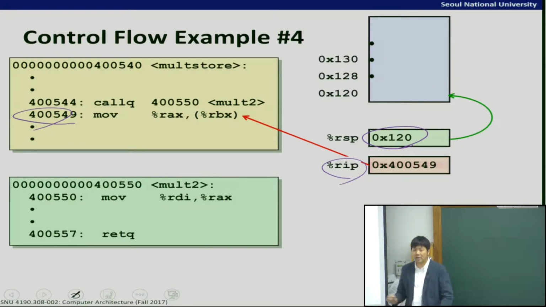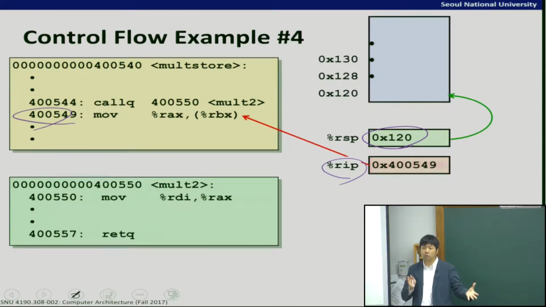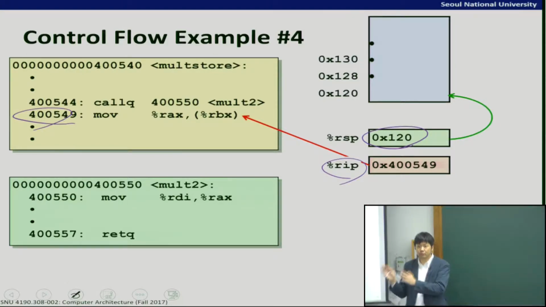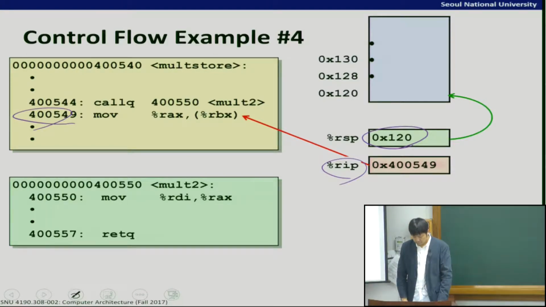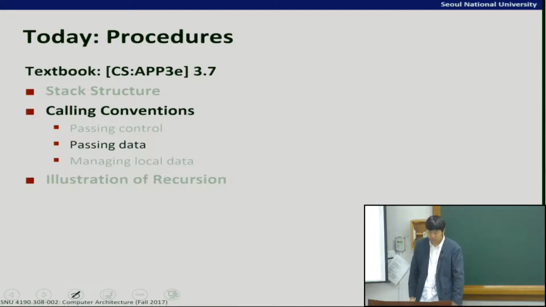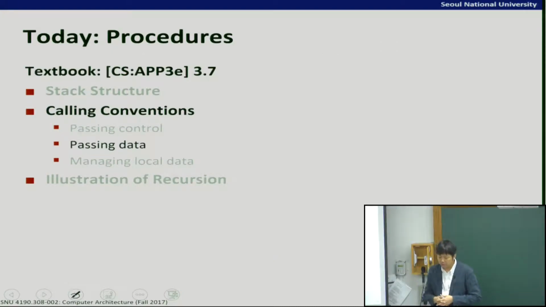Okay? So that's how we transfer control between caller and callee functions using a call and return pair. Whenever there's a function call, there's a pair of a call and a return.